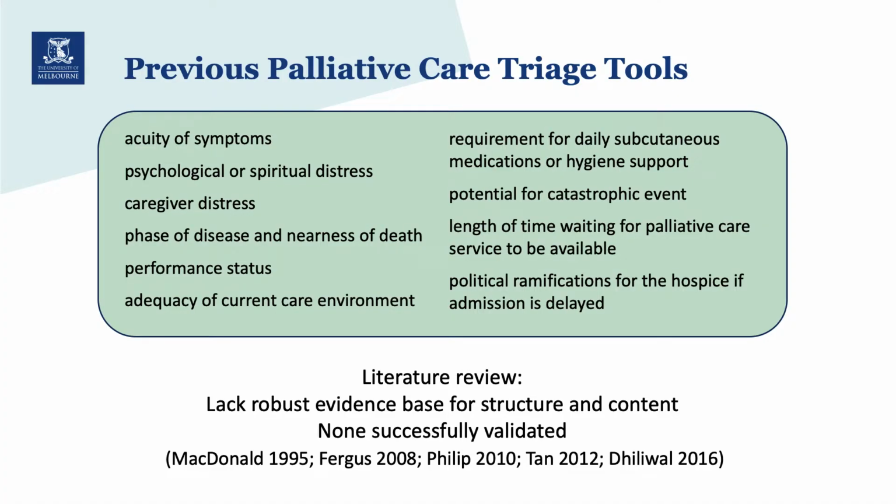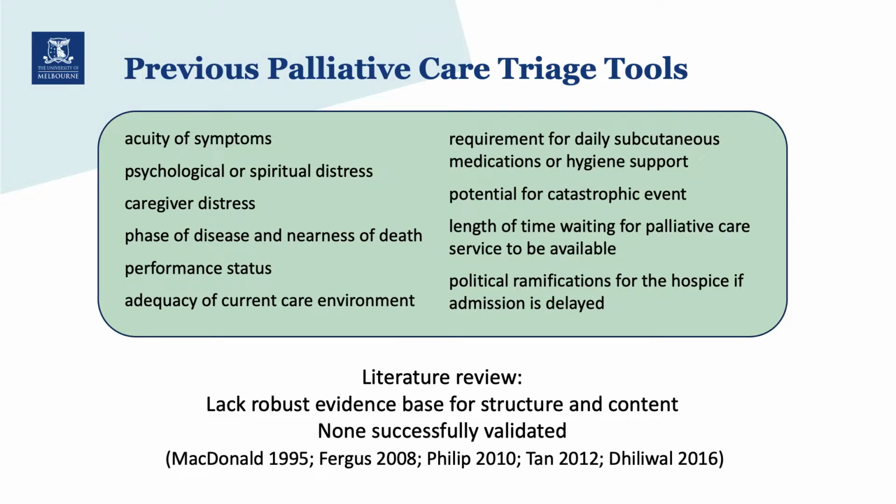We did a quick literature review of existing palliative care triage tools. And in the green box is a list of the triage factors that other tools had incorporated or the studies had discussed.